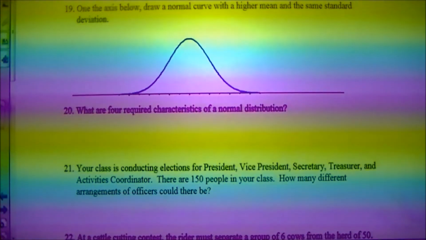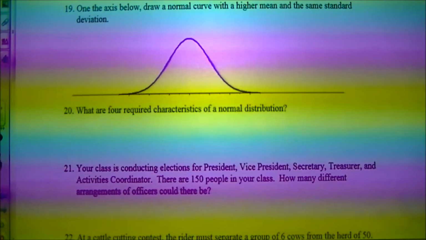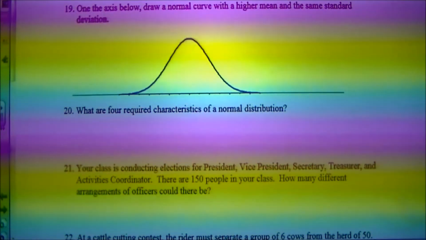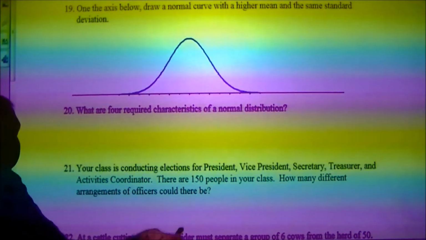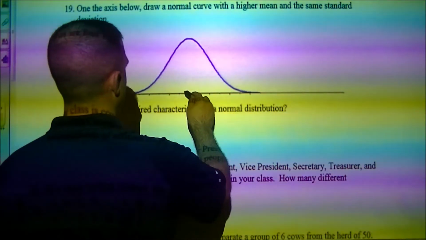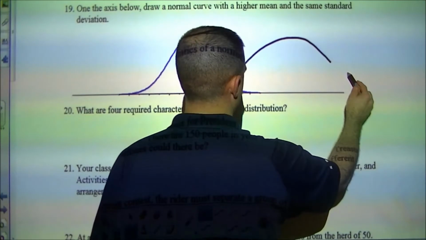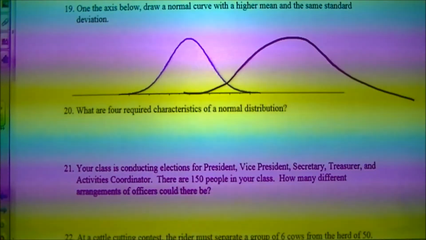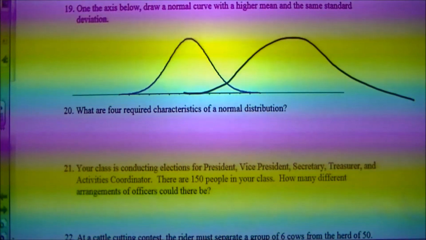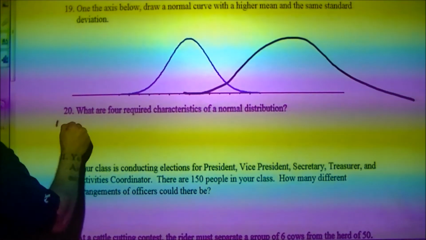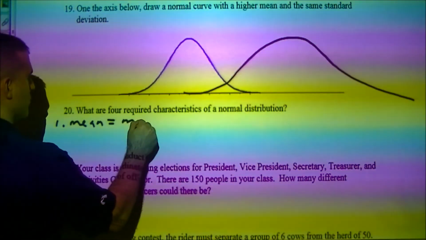On the axis below, draw a normal curve with a higher mean and standard deviation. I would draw something wider and then to the right. What are the 4 requirements for a normal distribution curve? Mean equals mode equals median.